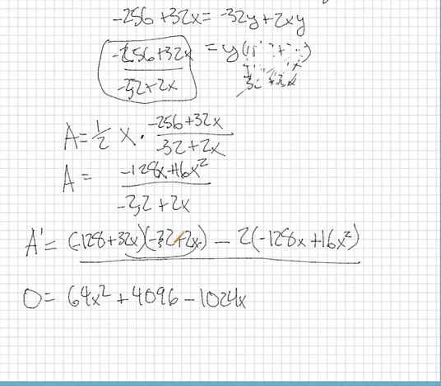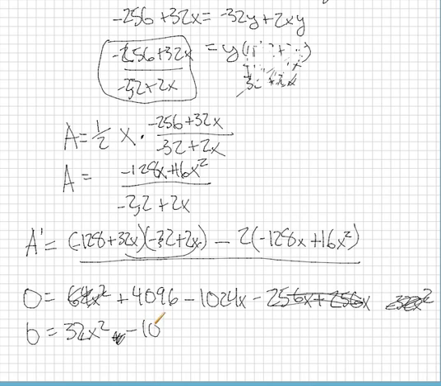And then we're going to be 2 times that. It's going to be negative 256x. Then it's going to be plus 256x. And then minus 32x squared. So this cancels out with this. So we get 0 equals 32x squared minus 124x plus 409.